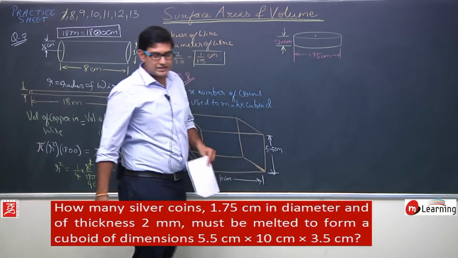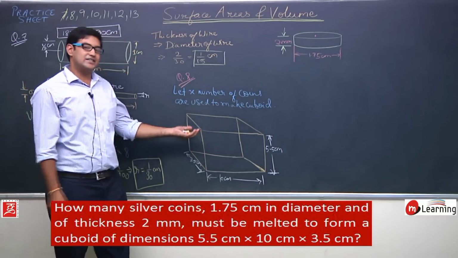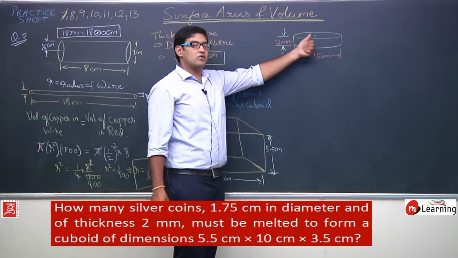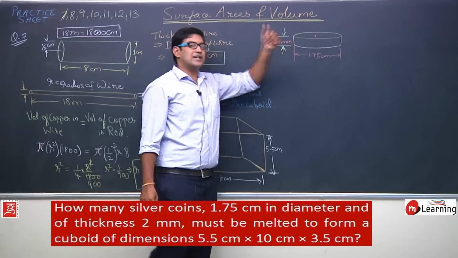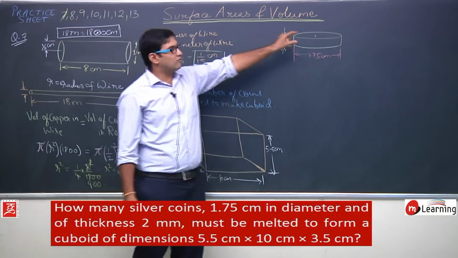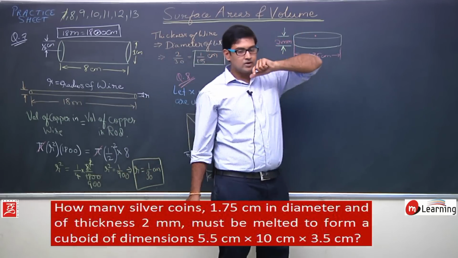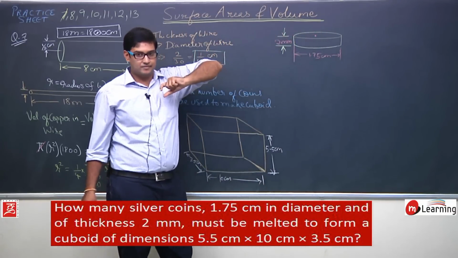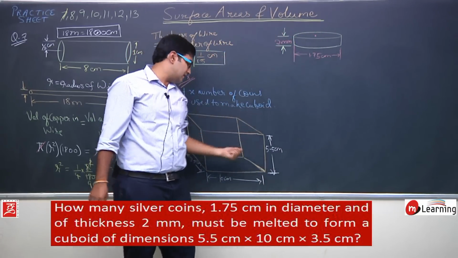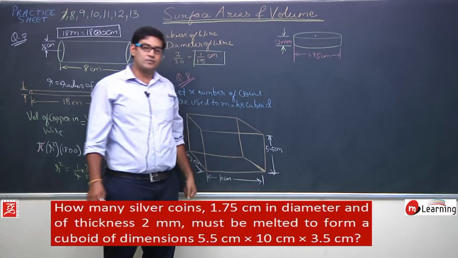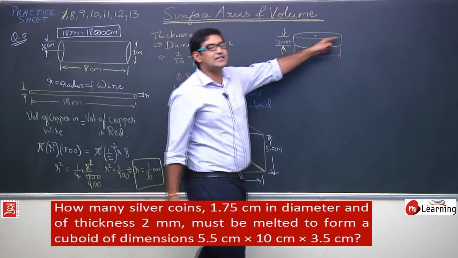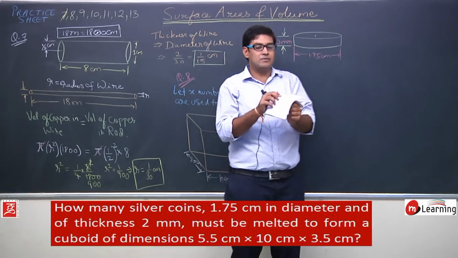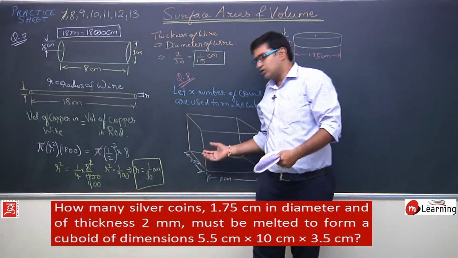So what I can see is that it's very easy to calculate the volume of the cuboid. Then what about coin? You can see this coin looks like a cylinder. Okay, the shape of this coin is cylindrical. So whatever the silver this silver coin contain should be used to make this particular cuboid. So let us say I have melted X number of silver coins, and from them I have made this cuboid.